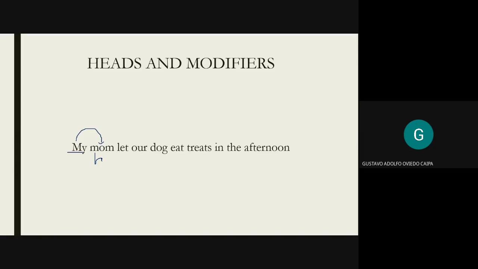"Let" doesn't really give information about "mom." It's the contrary. "My mom" is going to give information about "let" because it's giving you the subject of the verb. All right, so if we analyze the head "mom," the modifier will be "my."